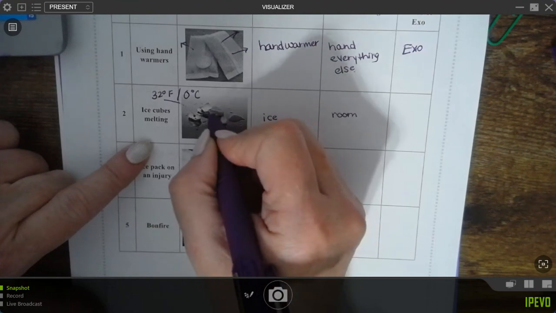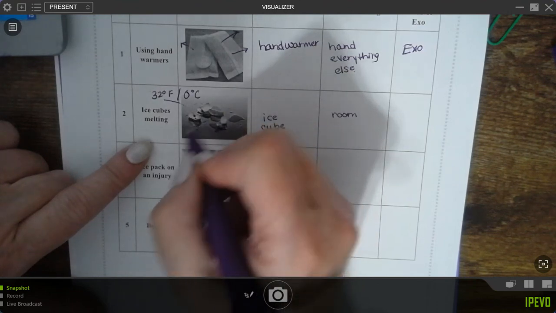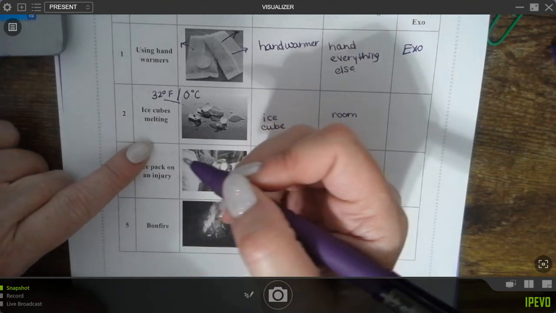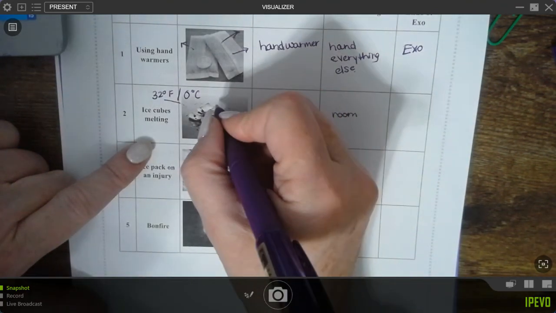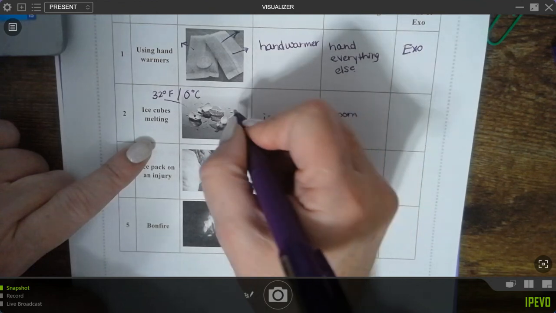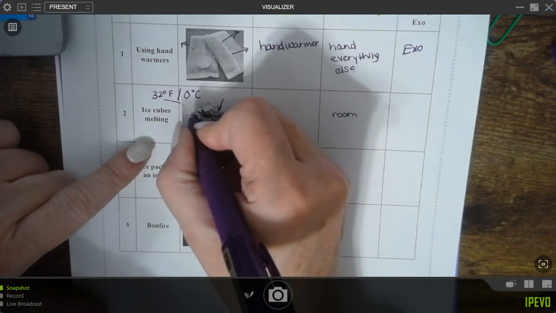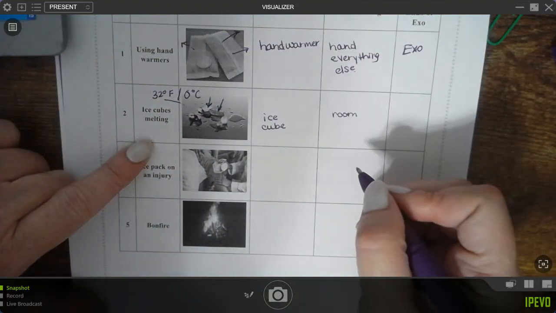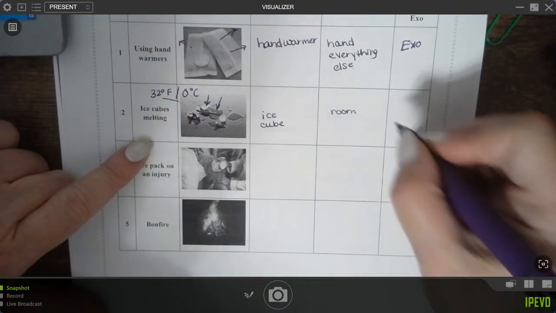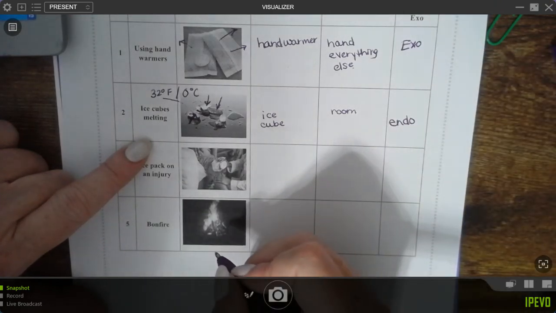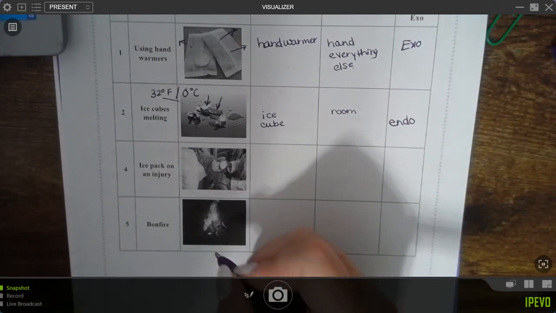The air in the room around the ice is warmer than that, 25 degrees Celsius probably. So what happens is the heat from the room goes into the ice cubes, causing the ice cubes to melt. So this is an endothermic reaction or process, where heat is going in.